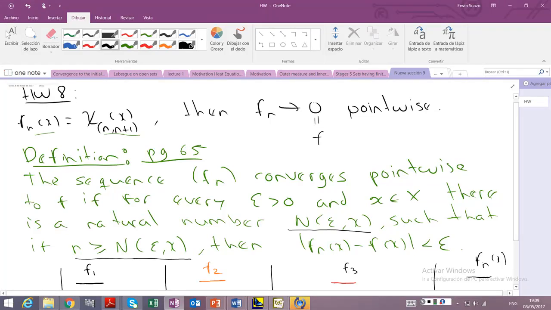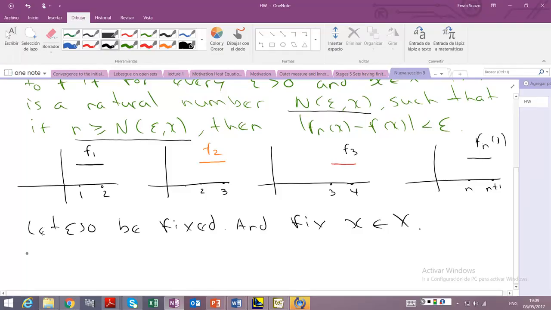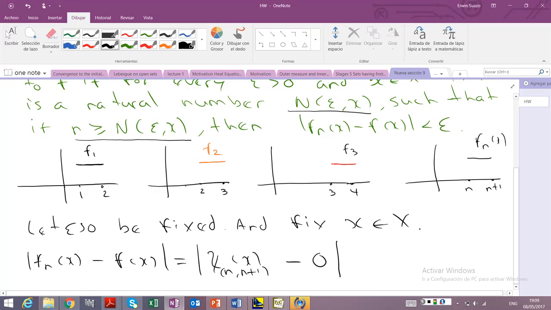So I have to prove that |f_n(x) - f(x)|, and this f_n(x) is just psi_{n+1}(x) minus f(x). What is f(x)? 0. Most of the time you can guess.